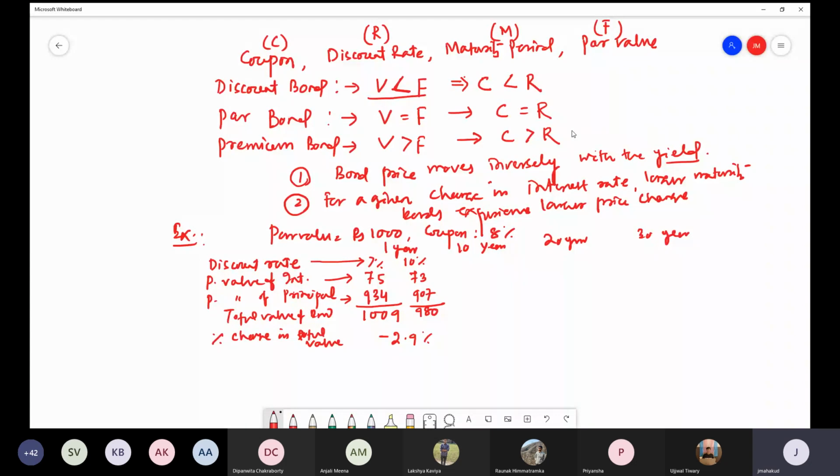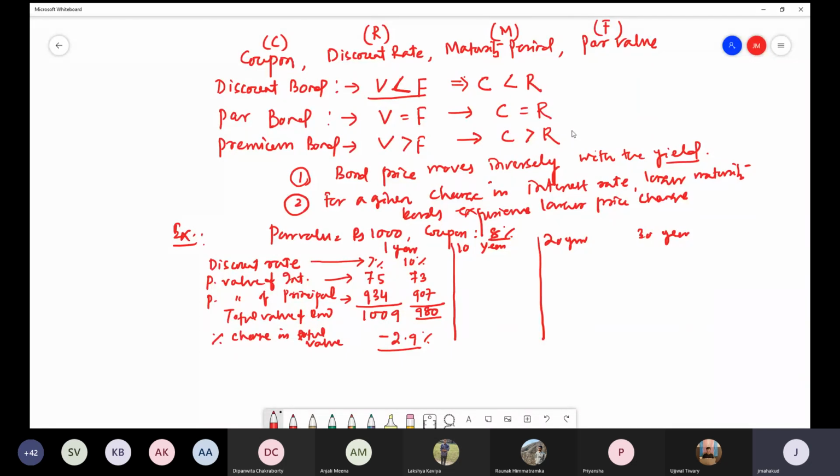So what basically we have seen here: the coupon rate is 8%, and when the discount rate was 7%, we are getting the total value 1009. And when the discount rate has changed from 7 to 10%, the value of the bond has become 980. So the percentage change in the total value between these two discount rates is minus 2.9%.